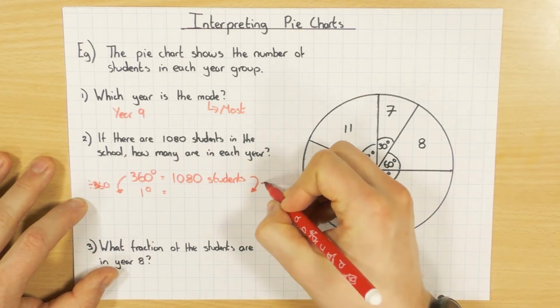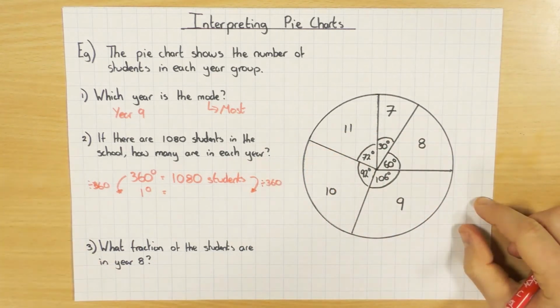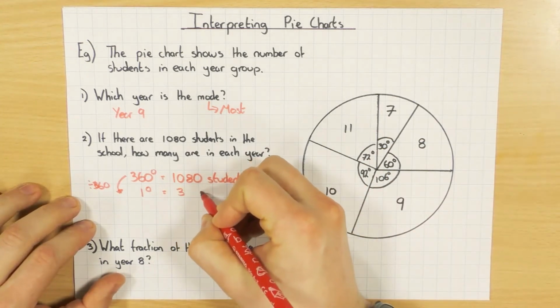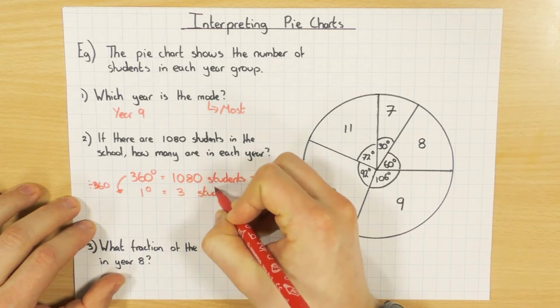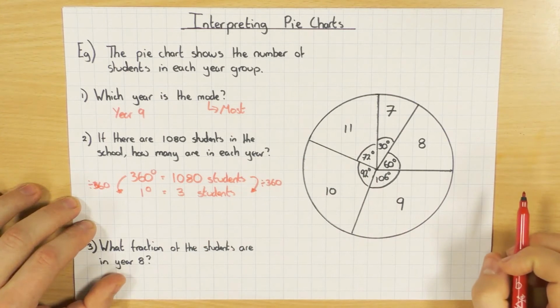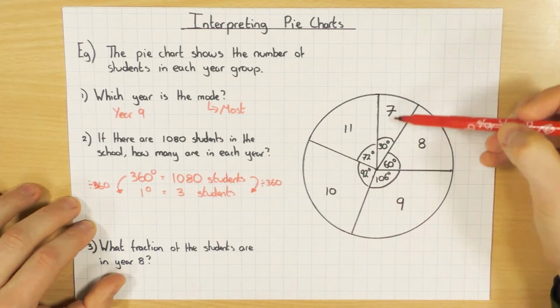So if I do the same thing over here, divide by 360. If this was a calculator paper, obviously you can use a calculator. If it's non-calculator, I've deliberately picked numbers that work quite nicely. It comes out at 3 students. So 1 degree is equal to 3 students. Once you know what 1 degree is worth, you can go back and have a look.